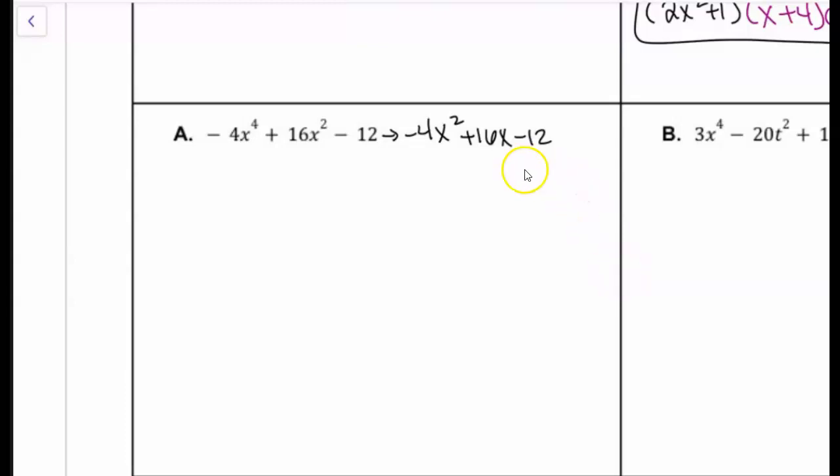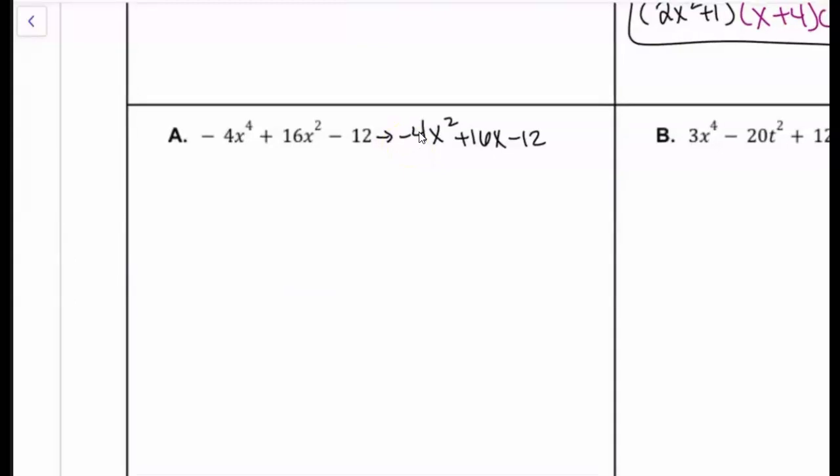Now, before we start factoring this, you always have to check to see if your expression has greatest common factors. That is, there are numbers that we can factor out. So if I see that I have a 4, a 16, and a 12, well, they're all divisible by 4, so my greatest common factor is 4. And remember, when your leading coefficient is negative, you have to pull out the negative. So I'm going to rewrite it as -4, and then we're going to kind of go out.